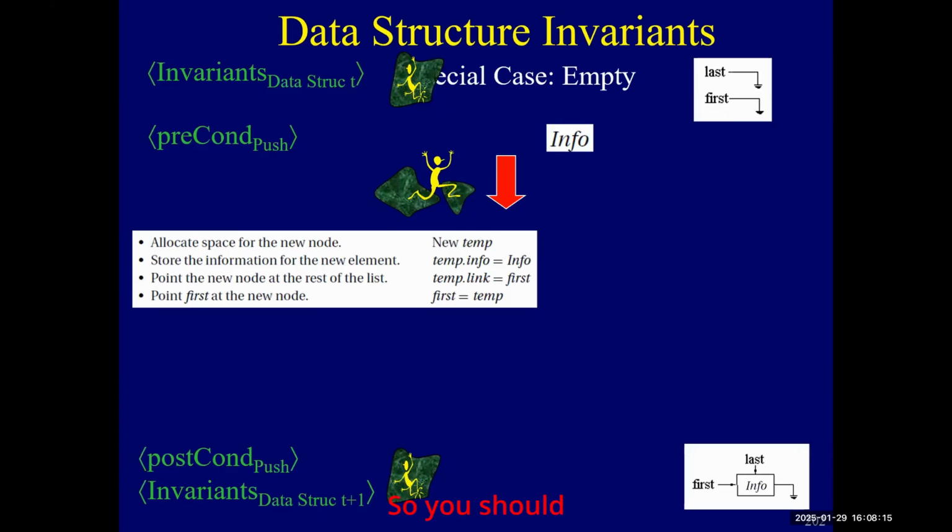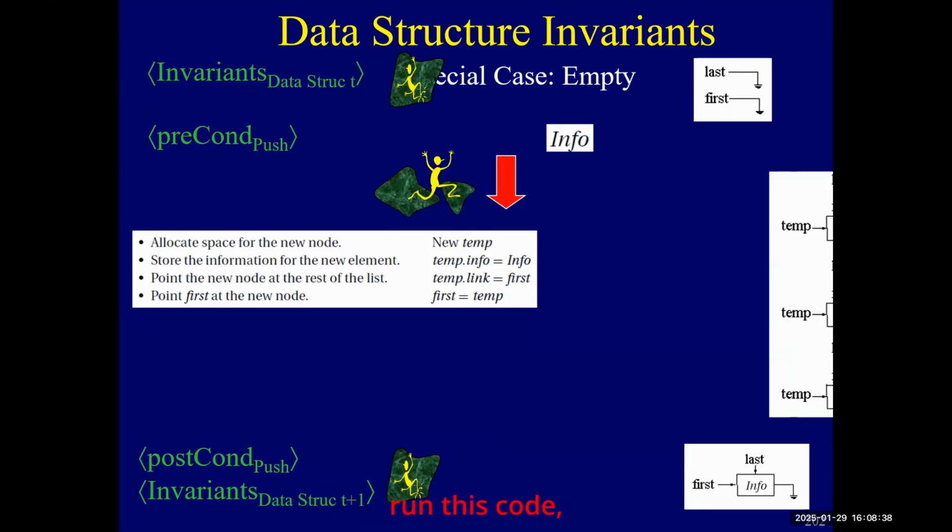All right, so you should always write the generic code for a generic situation, but then you should see, does it work in all weird situations? One weird situation is when the queue's empty.